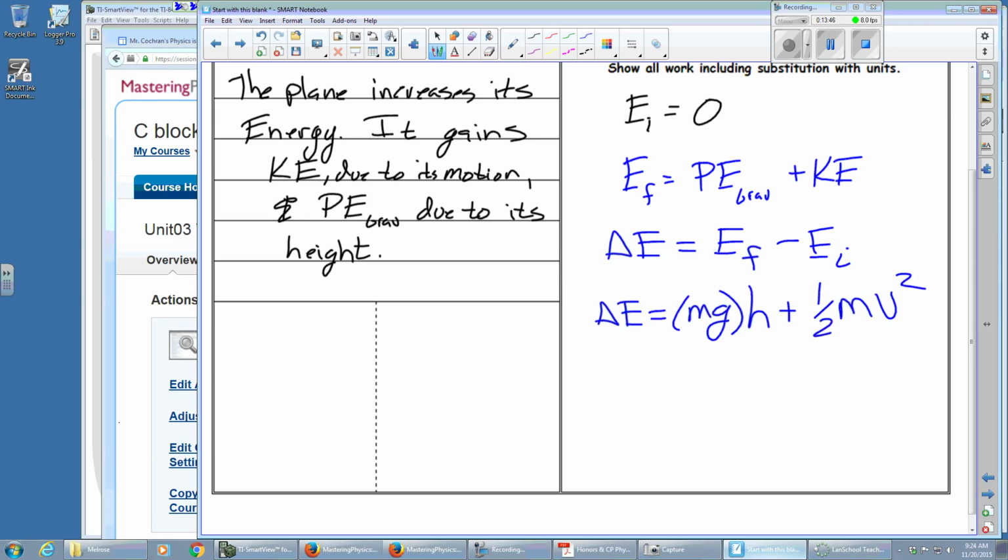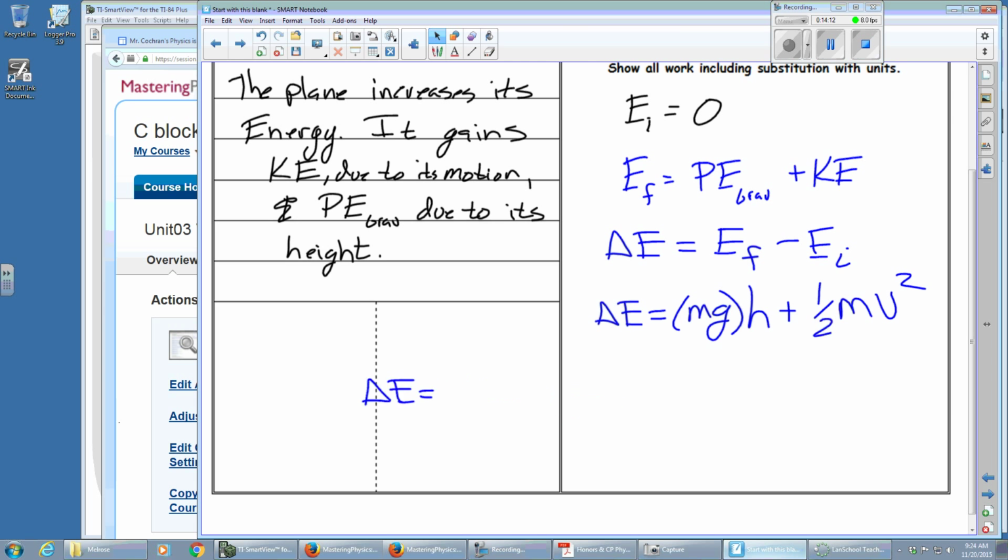What's weight? Then you can. Do you guys want to simplify that first, or just throw in numbers? Okay, so throw in your numbers.